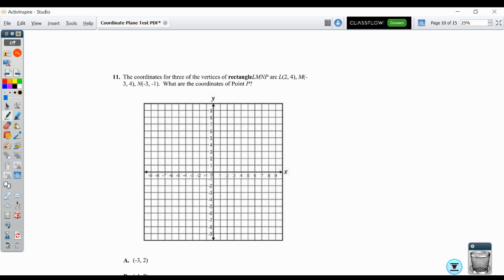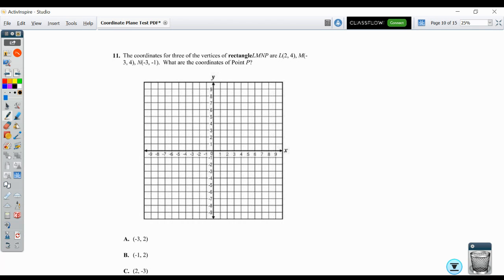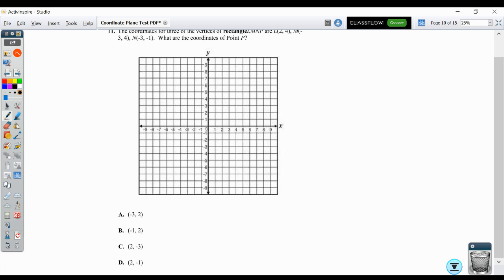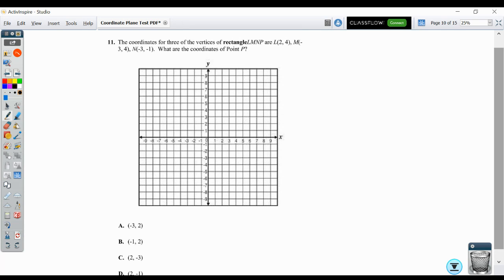Question 11. Coordinates for 3 of the vertices of rectangle LMNP are L is 2, 4. M is -3, 4. And N is -3, -1. So let's look.